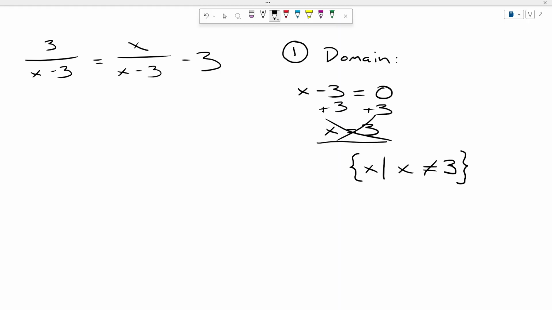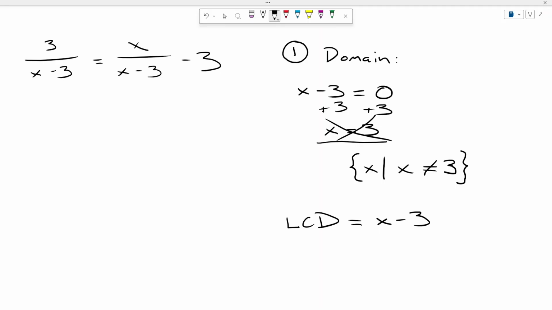Because that'll get us 0 in the denominator. So now knowing that, once we've taken care of that first step, we can actually go about solving this. Just like we did with the previous ones when we had fractions, let's get our LCD. And again, this one's not too bad because our LCD is just going to be x minus 3.